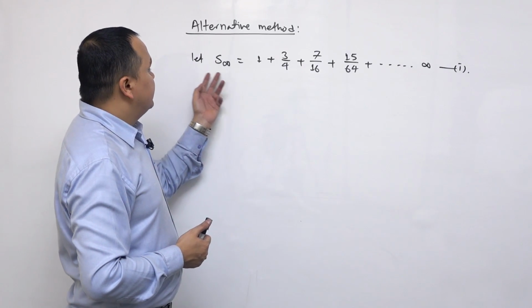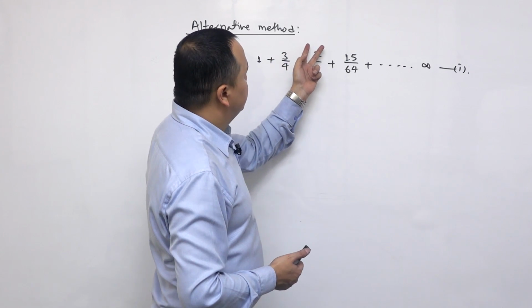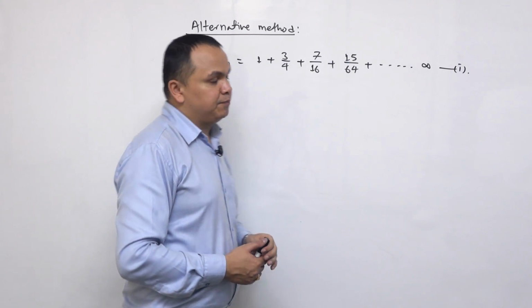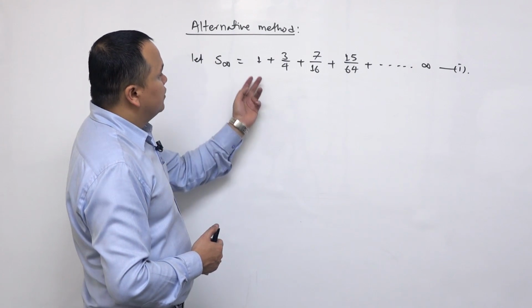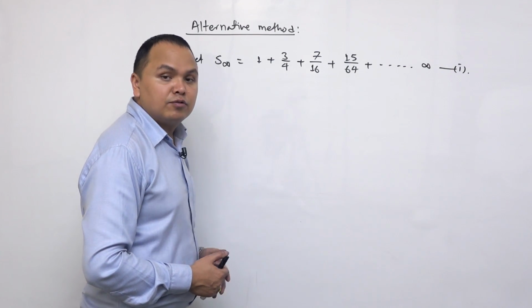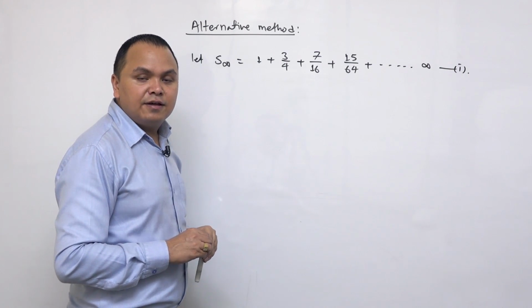Let S infinity be equal to 1 plus 3 upon 4 plus 7 upon 16 plus 15 upon 64 plus to infinity. In the denominator part, we take 1, 4, 16, 64 which are in GP. So the common ratio of the GP is 4.